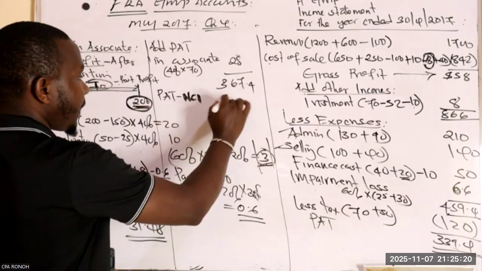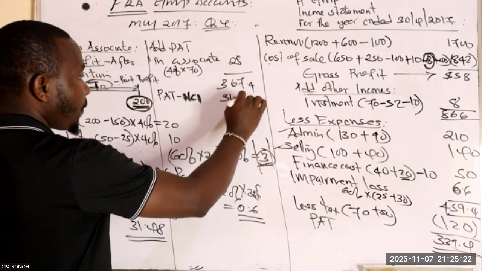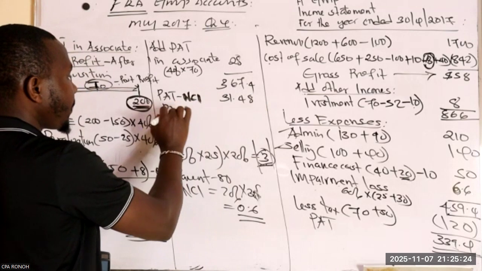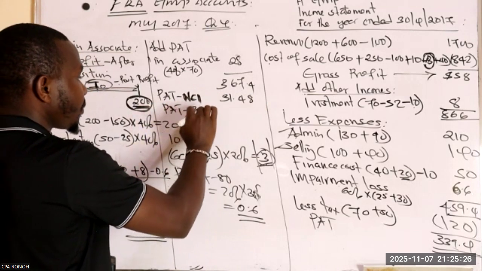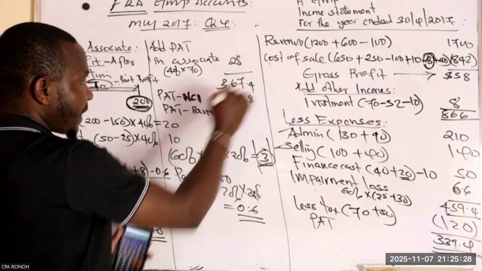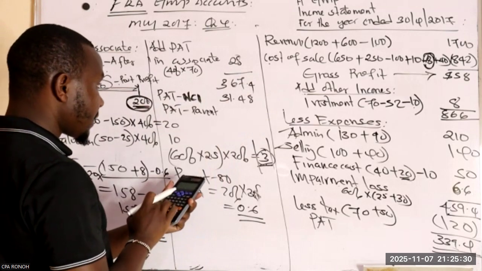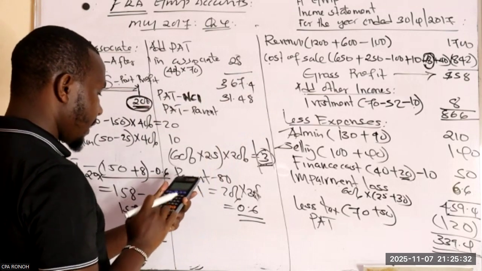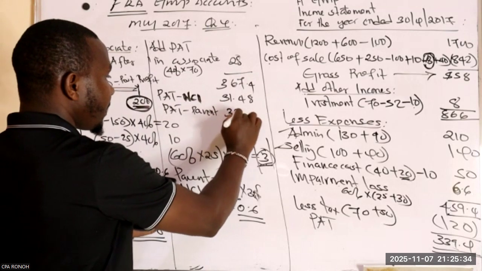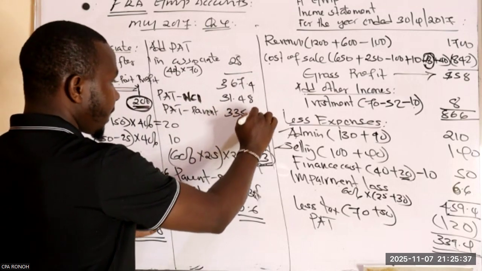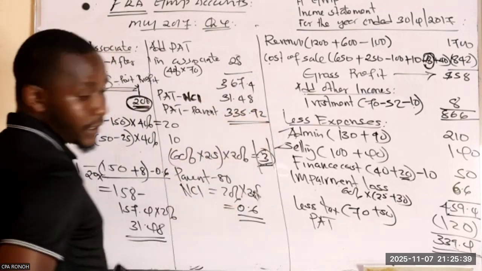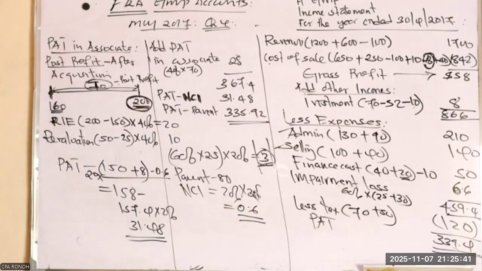So profit for the parent, we take 367.4 minus this answer, and you get 335.92. That is the profit for the parent.